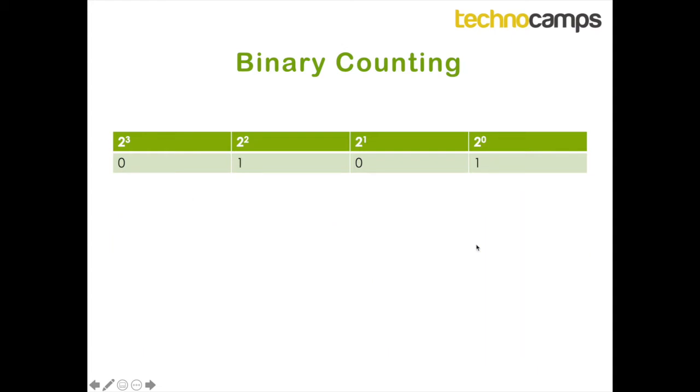If we look at another example, this time we got 0, 1, 0, 1. Again, remember 2 to the power of 0 is 1, 2 to the power of 1 is 2, 2 to the power of 2 is 4, and 2 to the power of 3 is 8. So here we're saying we're adding the value 4 and the value 1 together.